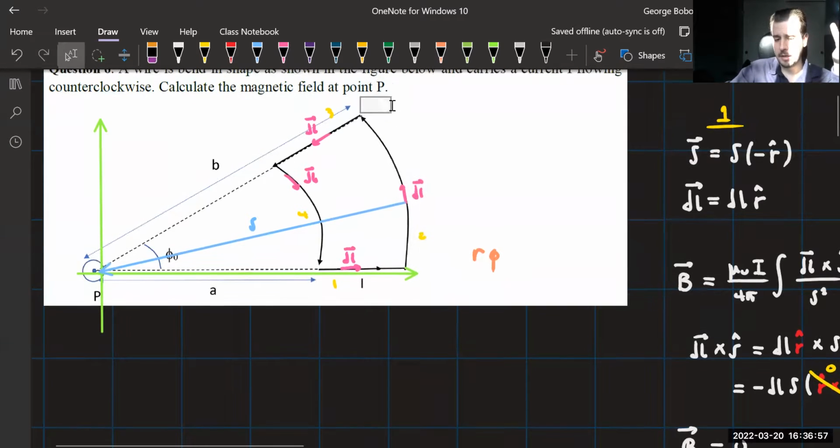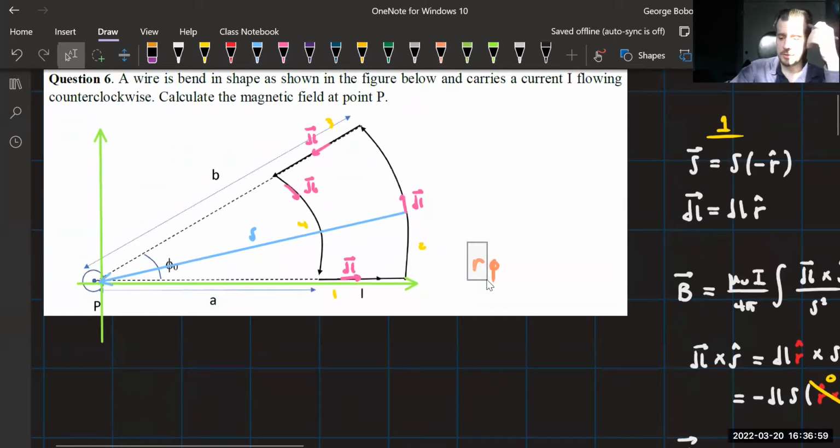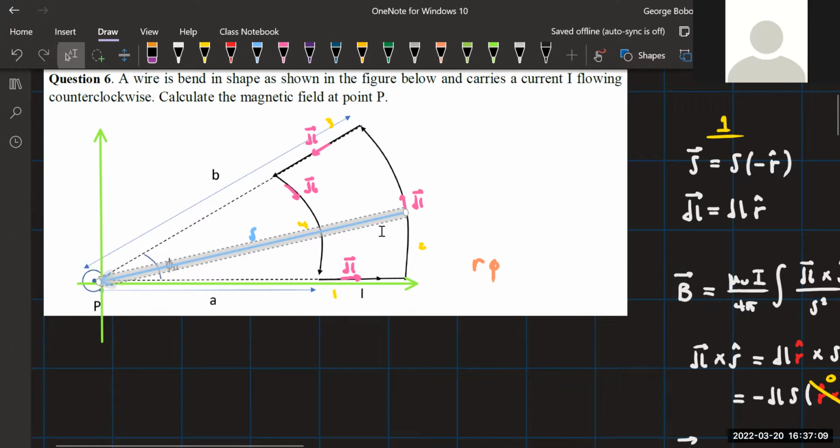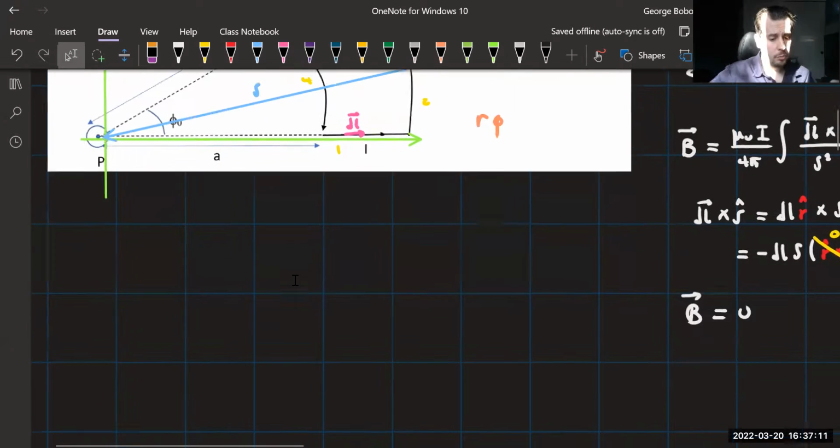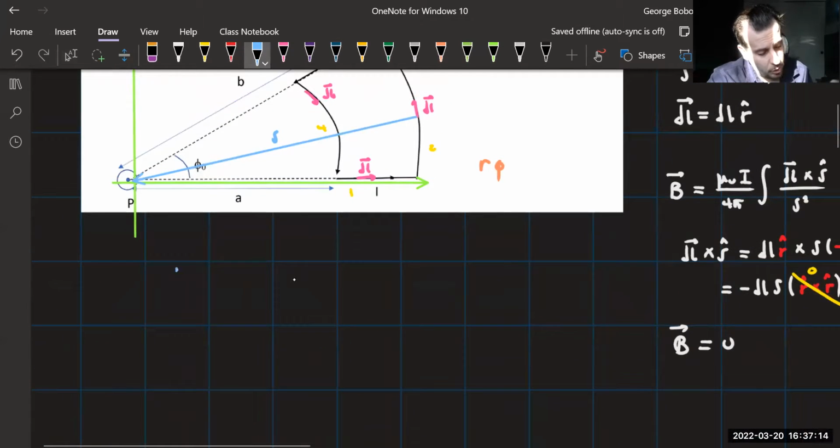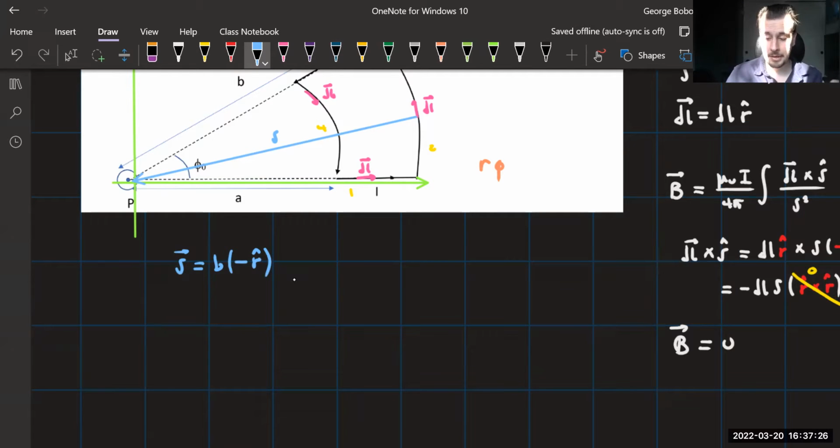Only phi. That means that R is constant. What do you see on the diagram about the size of R right now? How big is R? B. B, exactly. So we know right now that the R vector, Kelly, will point, as you can see, still in the negative R direction, but its size is going to be B. We know what the size is forever.